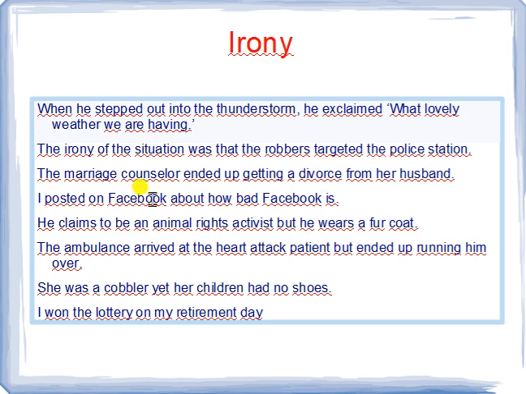I posted on Facebook about how bad Facebook is. He claims to be an animal rights activist, but he wears a fur coat. The ambulance arrived at the heart attack patient, but ended up running him over. She was a cobbler or a shoemaker, yet her children had no shoes. I won the lottery on my retirement day.